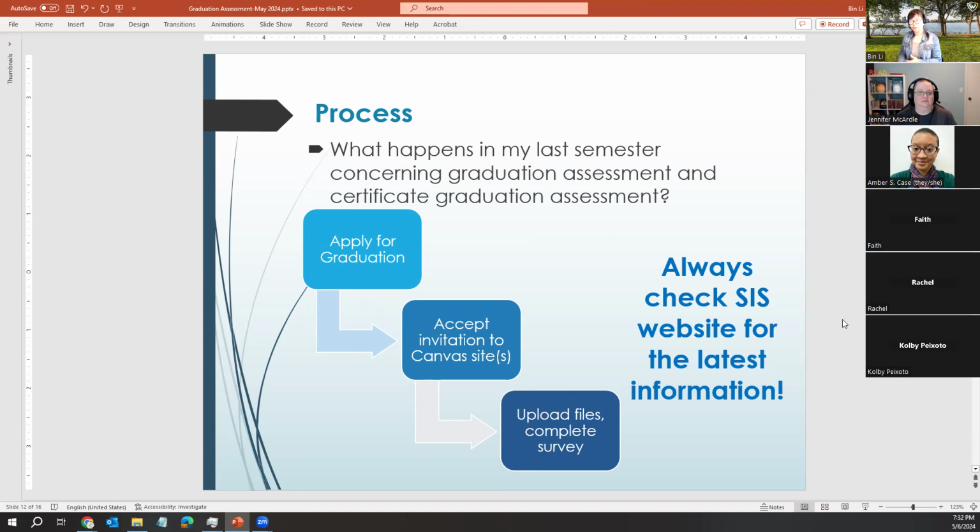After the deadline, for instance, the end of fifth week, we will generate a roster from the university about those students who graduate, and then we will get the roster into the Canvas site. Some students apply early, for instance, right after the semester starts, but we can't handle one student at a time.